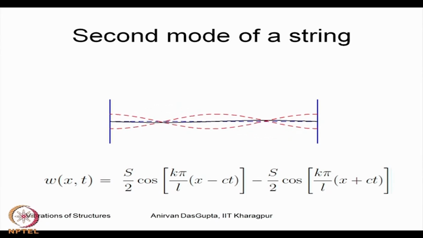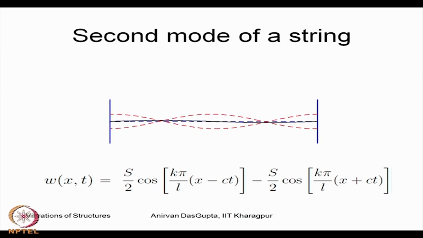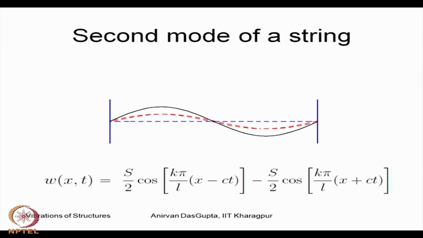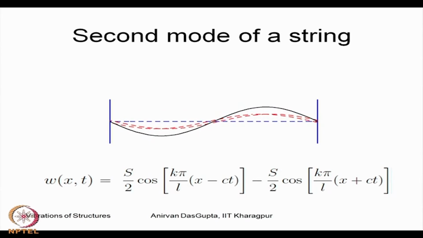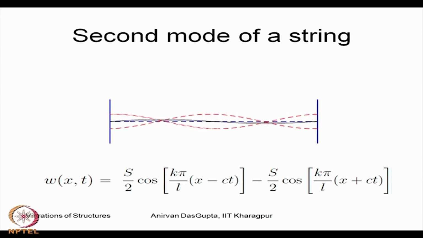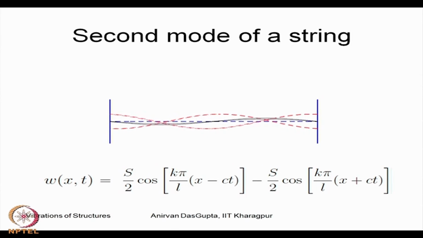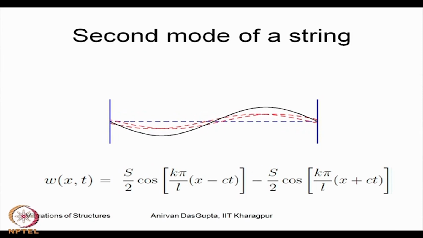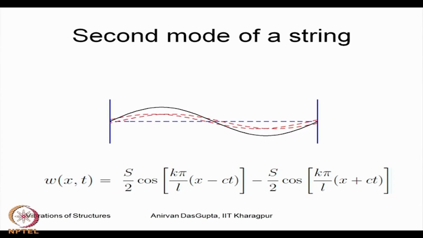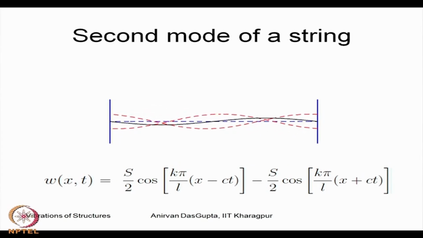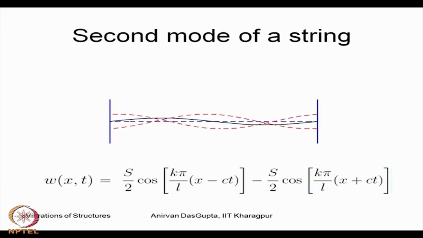So, like this you can understand various modes of the string as superposition of two travelling waves, one in the positive direction, the other in the negative direction.